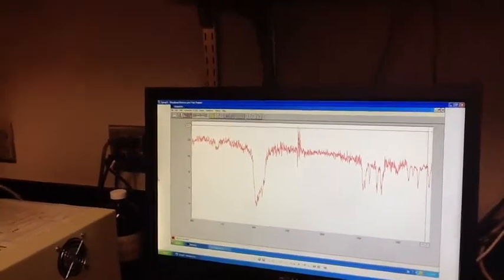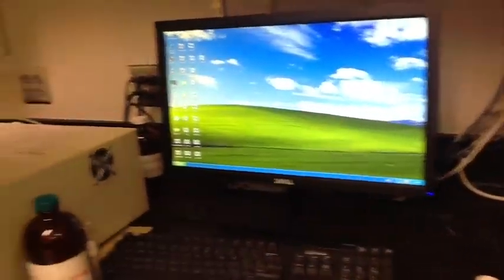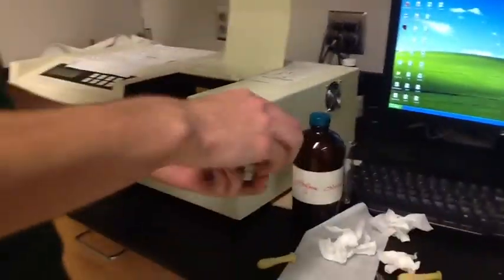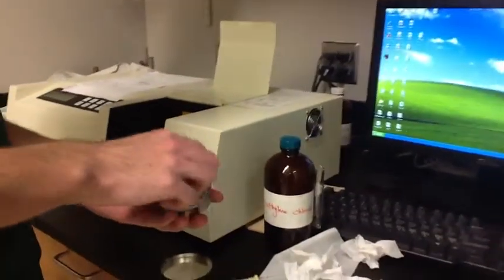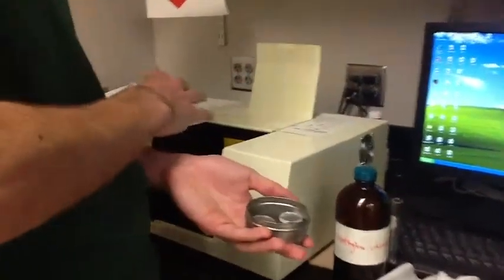Now, I'm going to ask you a series of questions. How did you go about putting this, what did you do? So what I did was I took these plates and washed them with methylene chloride first and scrubbed them so they got nice and clean. Then I ran a blank sample with methylene chloride.